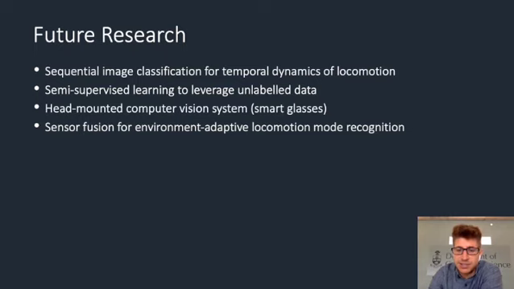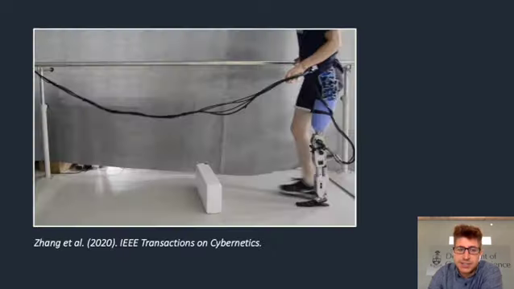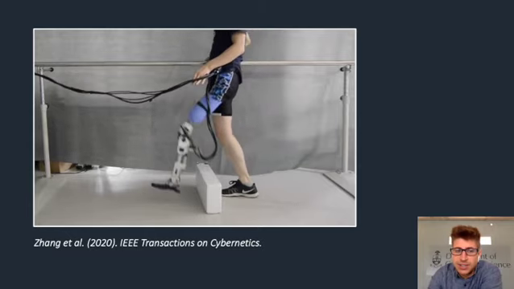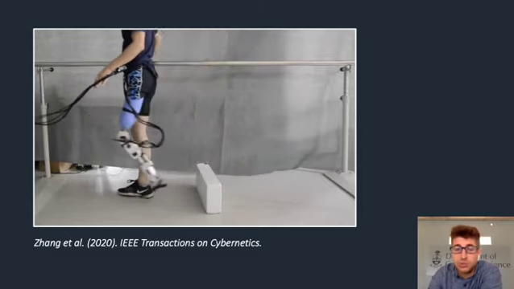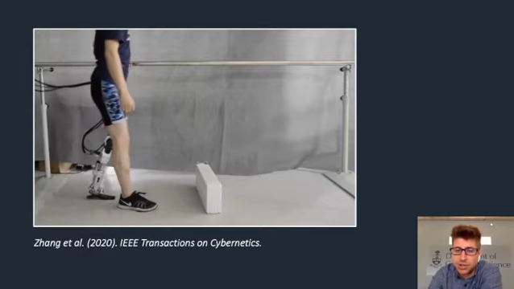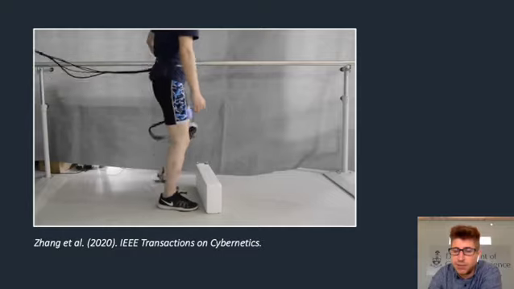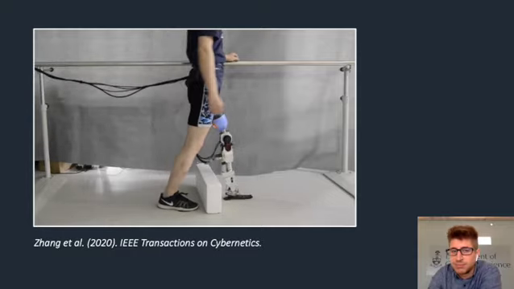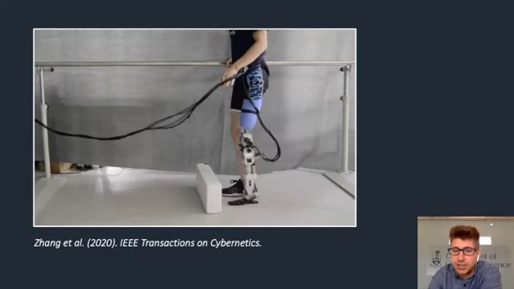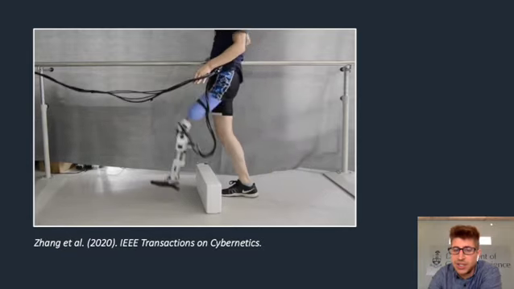And this is not trivial. In fact, this research by one of my colleagues is one of the first and only examples of using computer vision for online control of a robotic prosthetic leg. And here the team mounted a depth camera on the knee of the prosthetic leg.